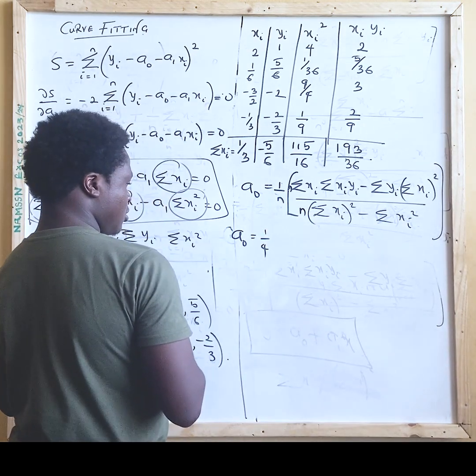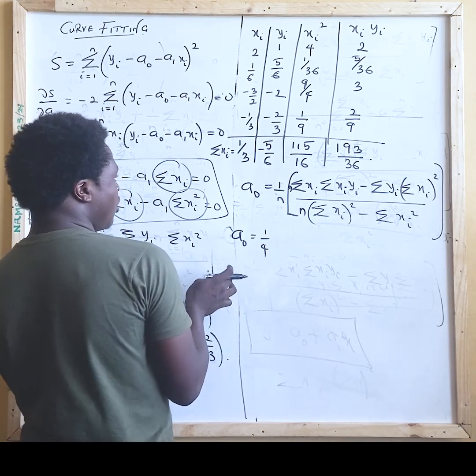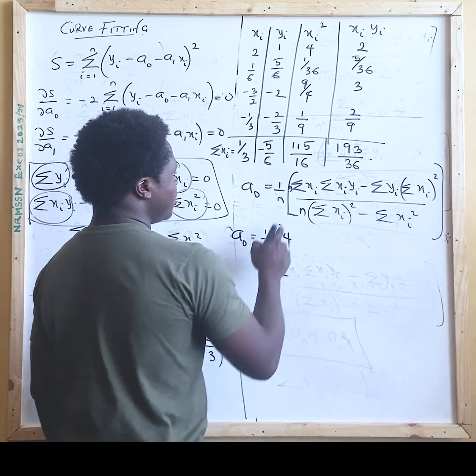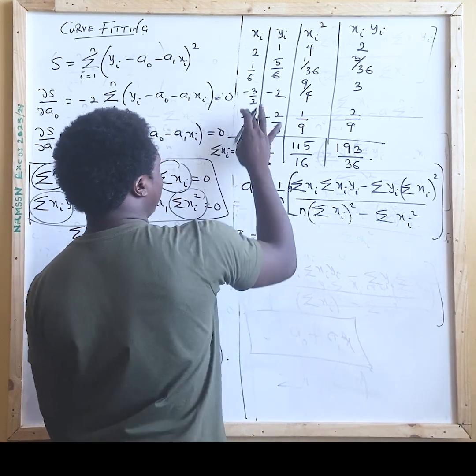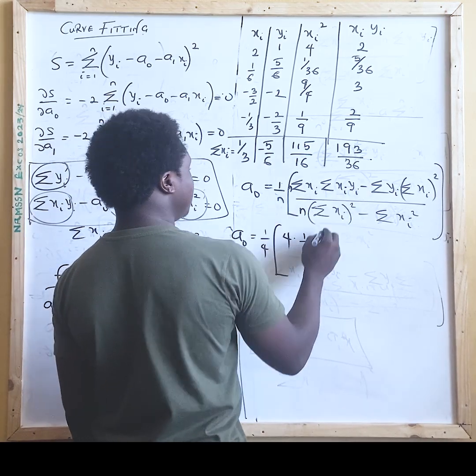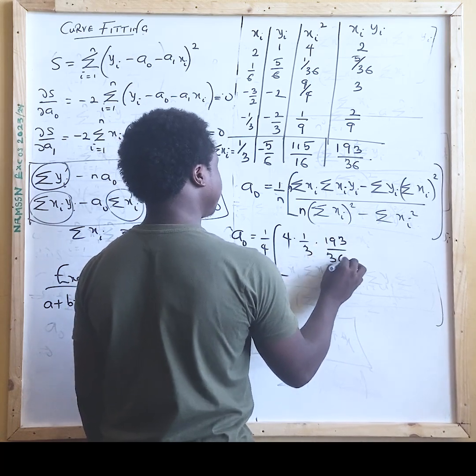So we have our a naught here to be 1 over 4 times 4. I have 4 here. The summation xi is already 1 over 3. Summation xiyi is already 193 over 36.